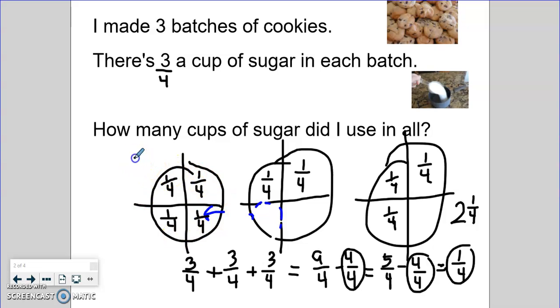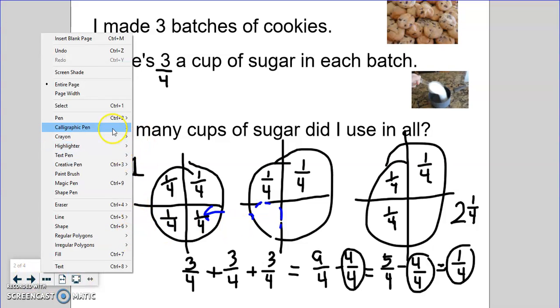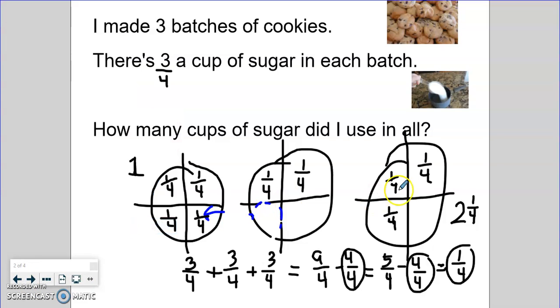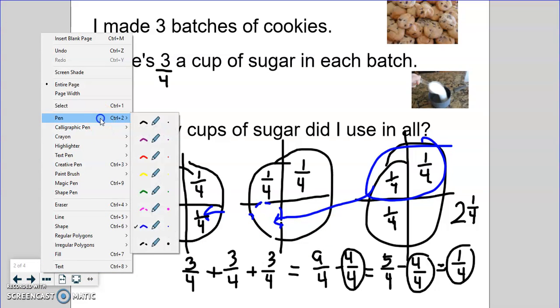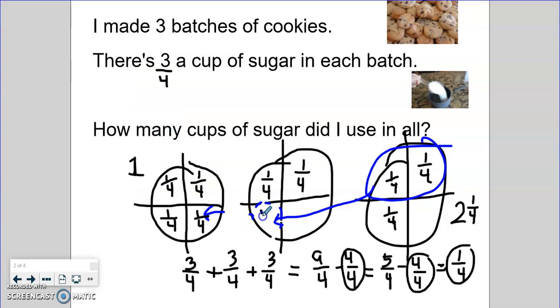So now you have 1 whole, right? You can move these 2 pieces over to here. So you have 1/4 here and 1/4 here, meaning you have 2 wholes.